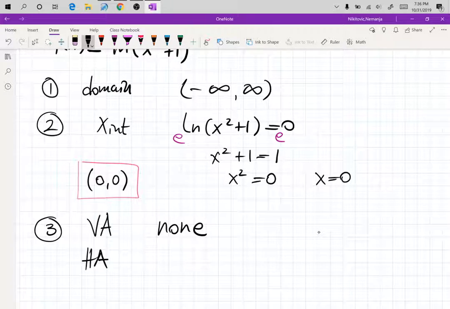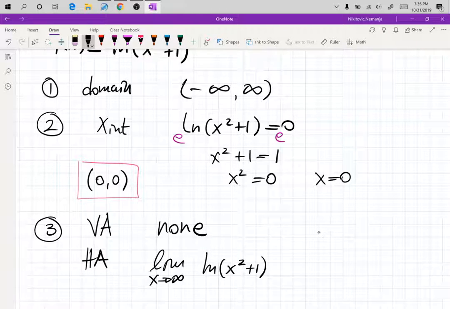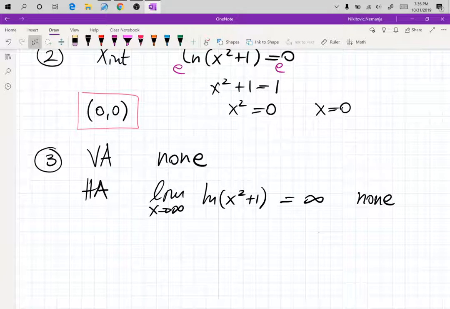Horizontal asymptote is dealing with the limit as x goes to infinity of ln of x squared plus 1. For this one, we also have infinity, so no horizontal asymptote, because if you look at the ln graph, it is always increasing.